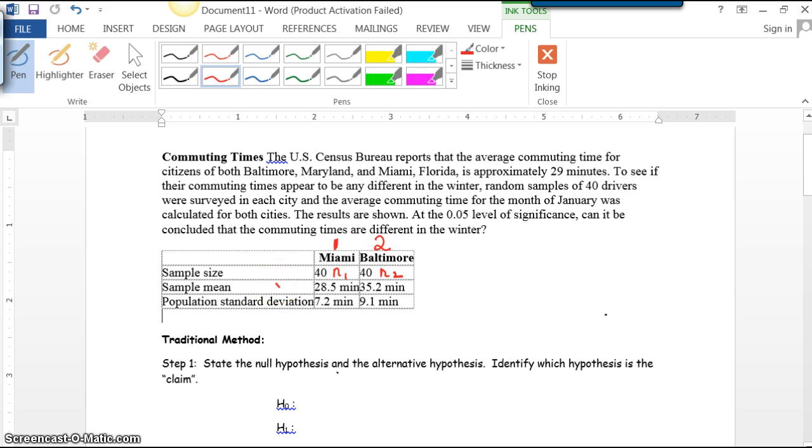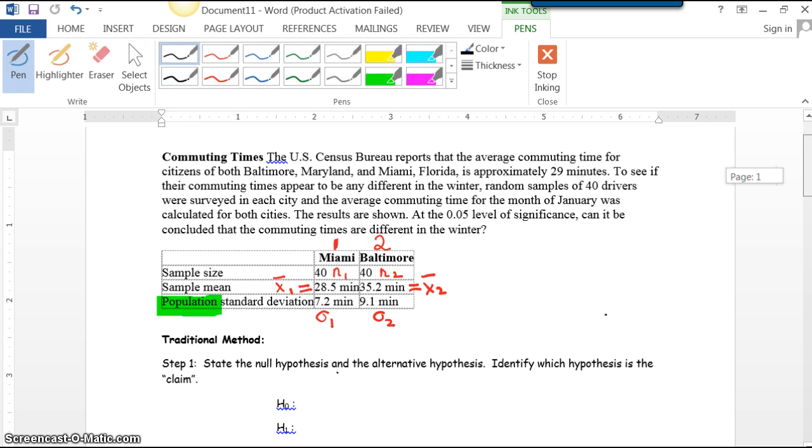The sample mean, this will be X bar 1, and this will be X bar 2. Those are the two sample means. And the standard deviation, this will be standard deviation 1, standard deviation 2. Also notice that this is a population standard deviation here, so we'll be using the Z table because of that.